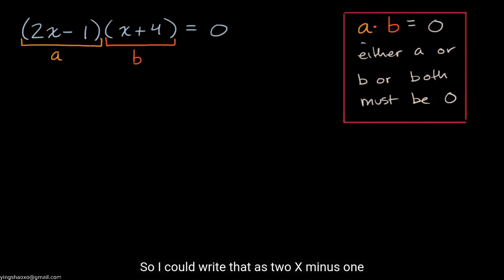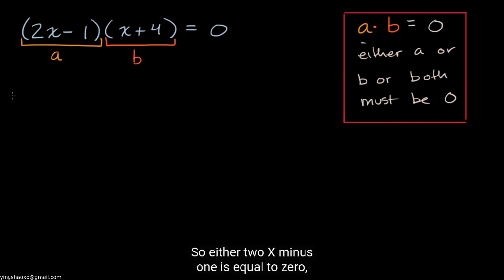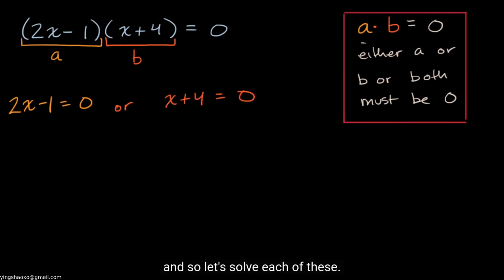So I could write that as 2x minus 1 equal to 0, or x plus 4 equal to 0. Actually, let me do the 2x minus 1 in that yellow color. So either 2x minus 1 is equal to 0, or x plus 4 is equal to 0. And so let's solve each of these.